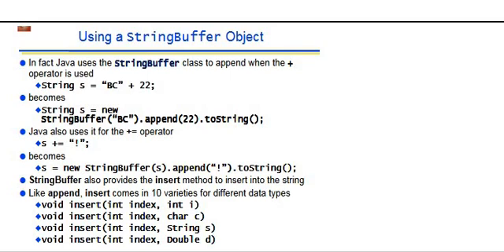So we use a plus for concatenation. Look at the example, String s is equal to "bc" plus 22. So we can create a string using StringBuffer. Look at that clearly: new StringBuffer("bc").append(22).toString(). Just go through the things clearly.